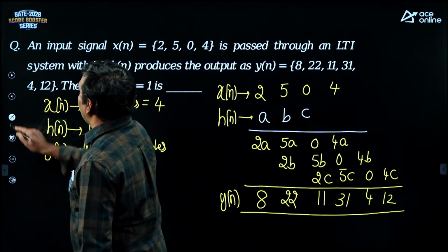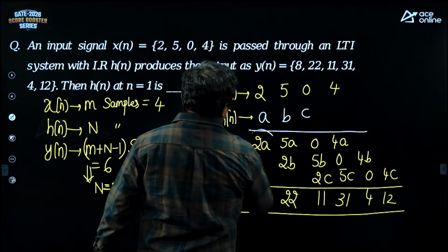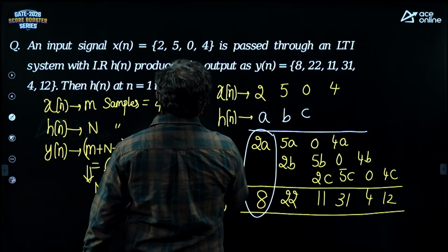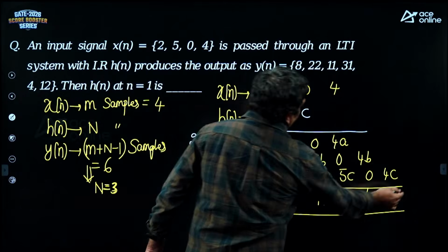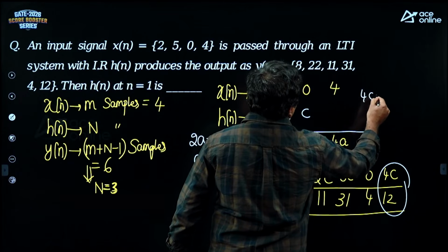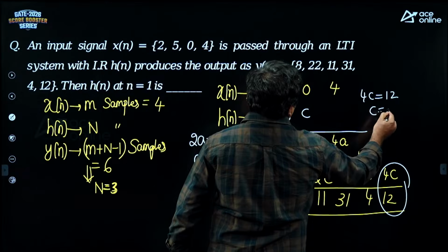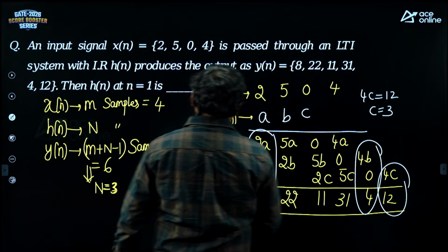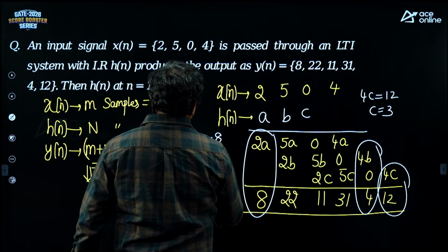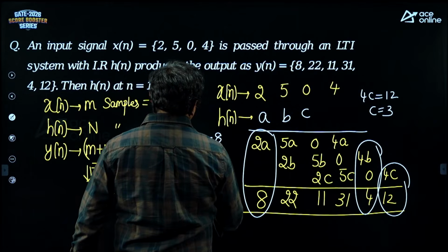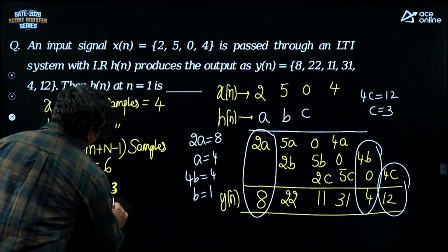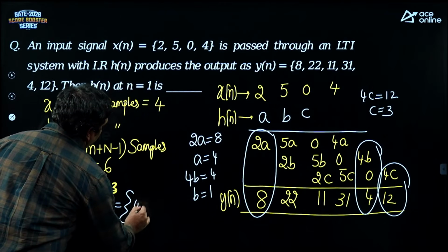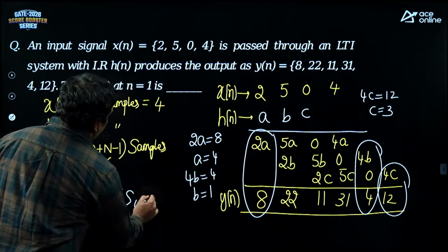Just do the comparison, and we will know the result. 2A equals 8, that means A is 4. 4C equals 12, that means C is 3. 4B equals 4, that means B equals 1. Therefore, h of n is the set ABC, which means 4, 1, 3.